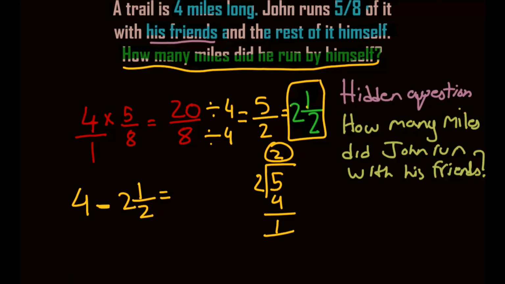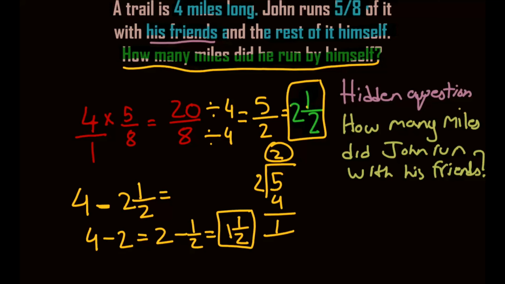First we do 4 minus 2, and then we get 2. And then we can subtract 1/2. 2 minus half equals 1.5. So that means our answer is 1.5. That's our final answer. So this is just one way of doing it.